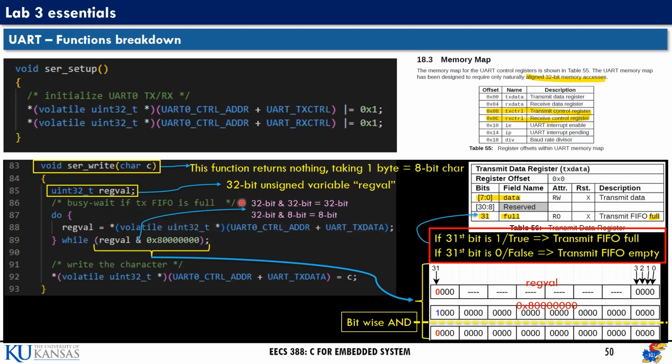As I already told you, we have a total of 4 registers for UART: TXDATA, RXDATA, TXCTRL, and RXCTRL. We already enabled the transmit and receive control registers. Now we have to deal with the other 2 registers, TXDATA and RXDATA. As in this function we are transmitting some data, we are only dealing with the TXDATA register.